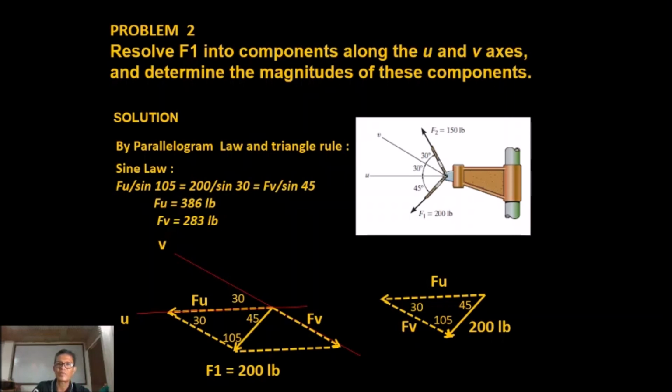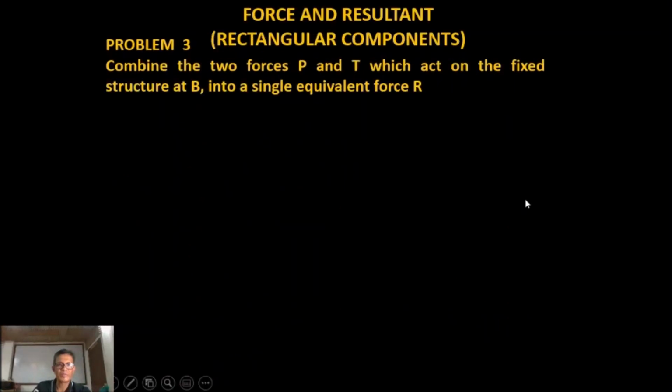By the way, this problem is from Hibbeler. Okay. So disclaimer muna that problem is from Hibbeler.